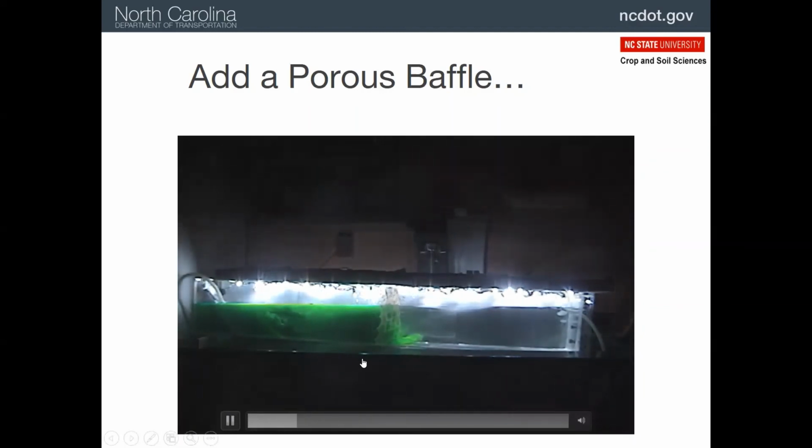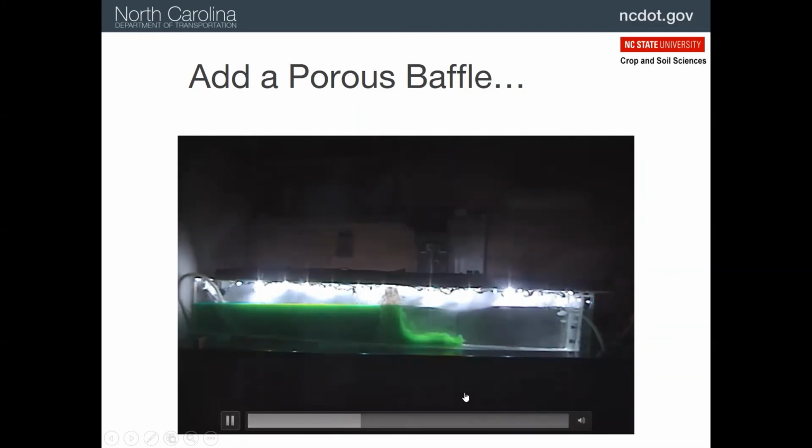I don't know if you all can hear that, but we were pretty impressed in the lab with what it looked like. So the water that has this dye is a little bit heavier than the water that's clear. And so as it comes through the baffle, there's so little turbulence on this side, it actually settles because it's a little bit denser. All right, so that's what we're doing with our baffles.